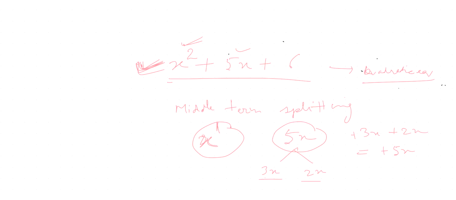It will look like x square. Let me erase this. So if I had done what I just said, which is break it into two parts, 3x and 2x, what you get is x square plus 3x plus 2x and then plus 6. Now look at what is common in the first two terms. x is common in the first two terms.